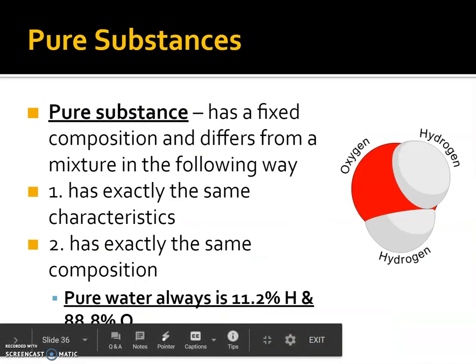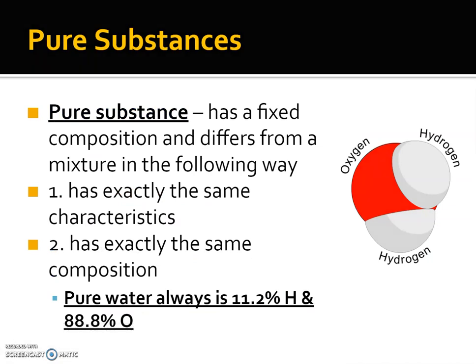All right, so a pure substance has to have a specific makeup. It has to have the exact same characteristics in the exact same composition, no matter what. Okay, elements are easy. They're elemental, there's 118 of them. But there has to be a certain, let's call this recipe for an oxygen and hydrogen containing compound.